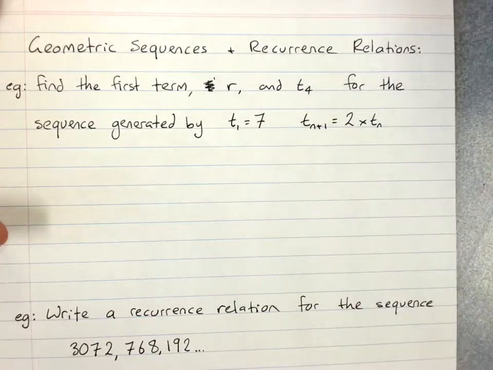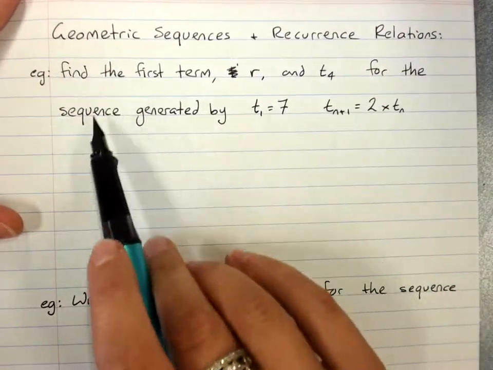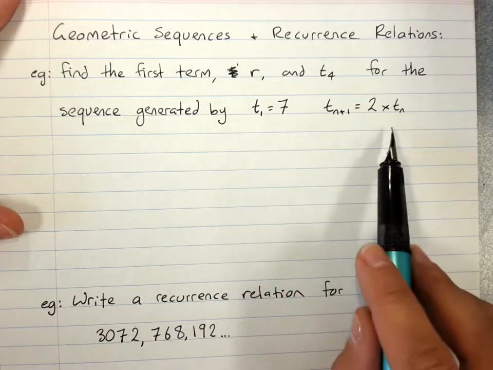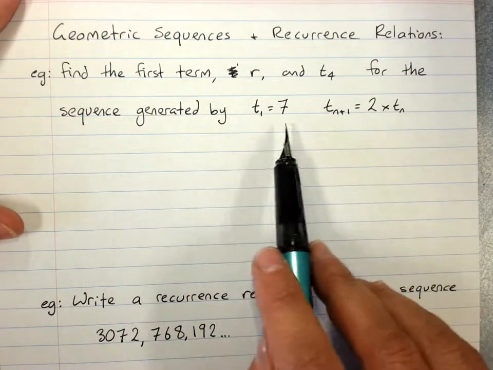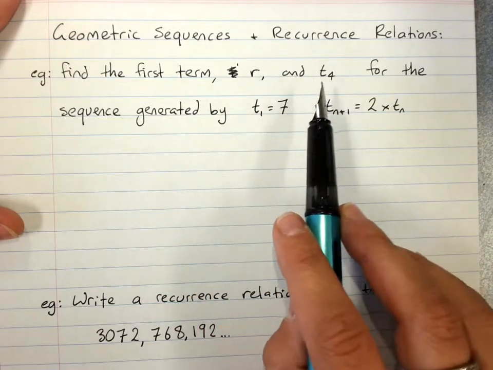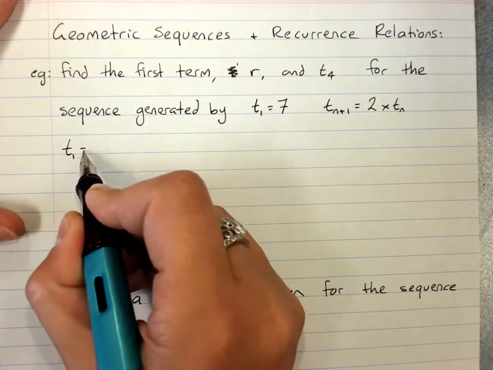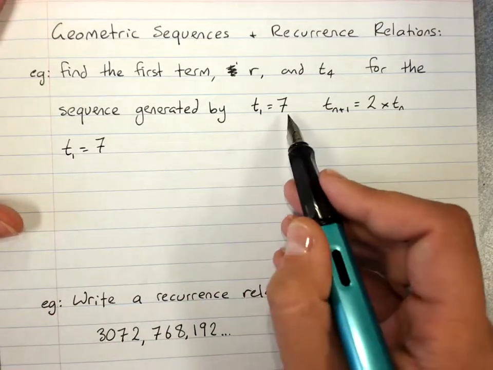Now we'd also need to look at geometric sequences in terms of recurrence relationships. So for the sequence generated by this rule, find the first term, the common ratio, and the fourth term. So the first term, T1, is 7. That's nice and easy, they told us.